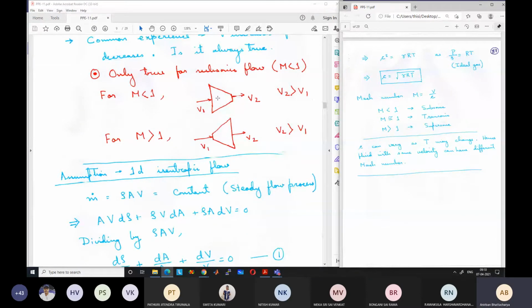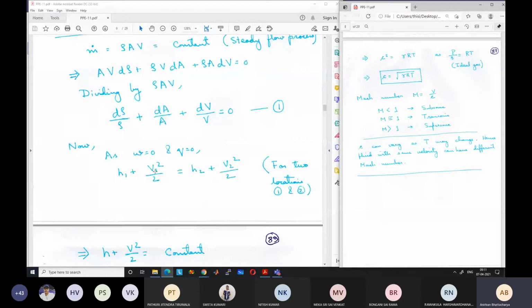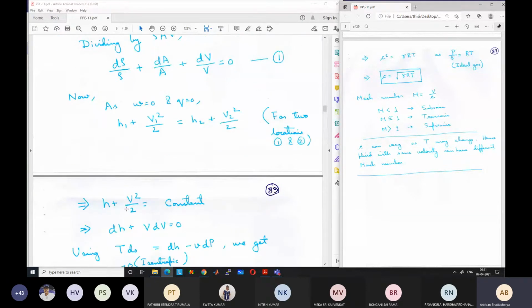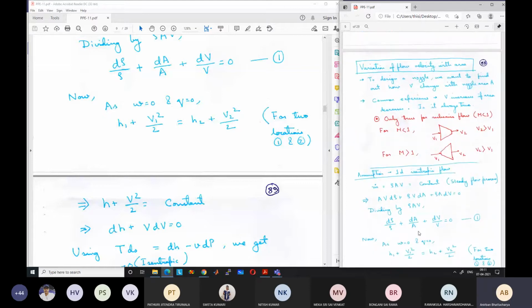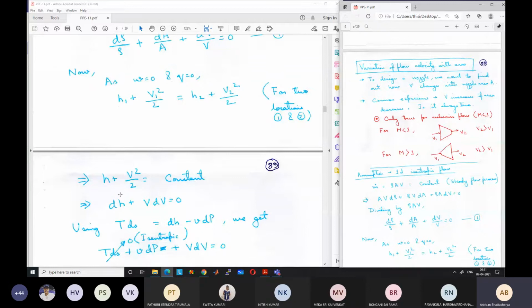We have discussed this previously also: H0 is constant, meaning the total enthalpy is constant, or the static enthalpy plus kinetic energy is constant. So I will keep this open here. If you again take a derivative, dH plus V dV, since the derivative of V square by 2 is 2V dV by 2, the 2 gets cancelled. So we have dH plus V dV equal to 0.